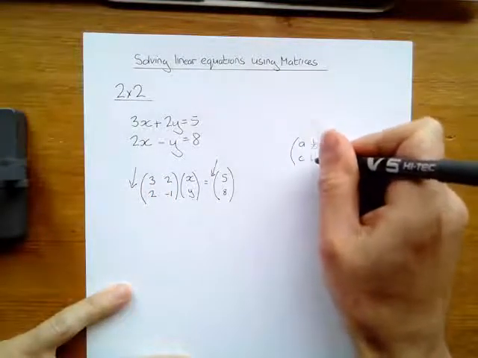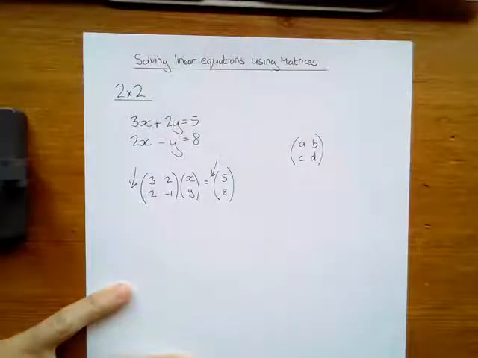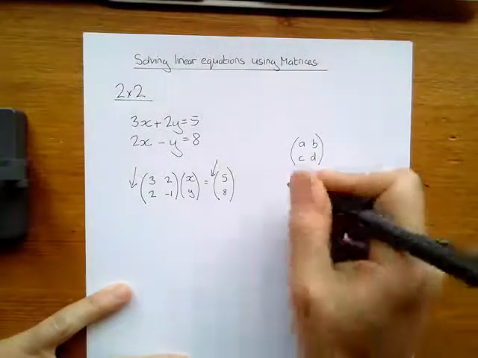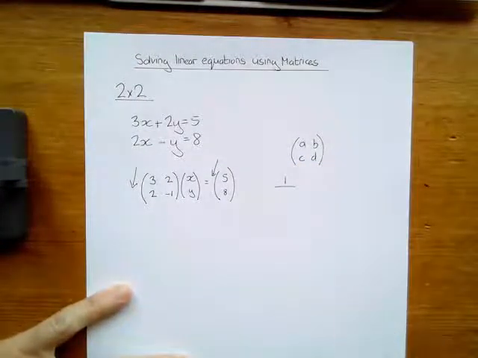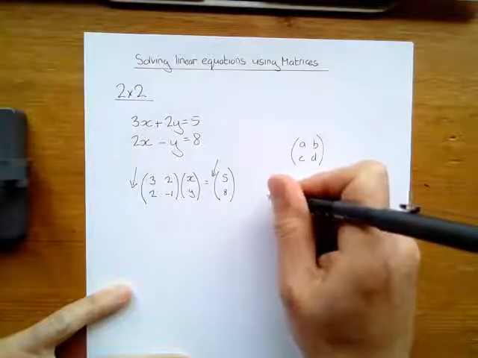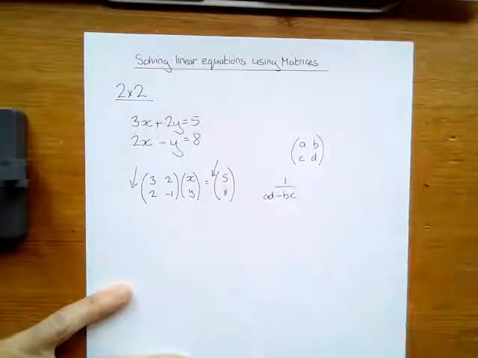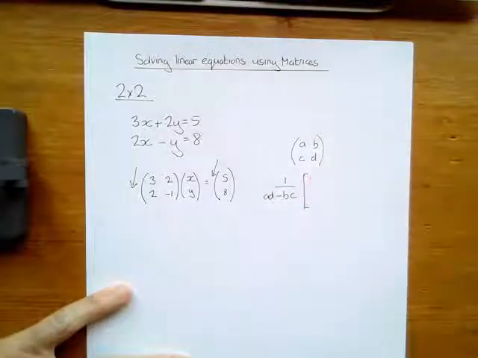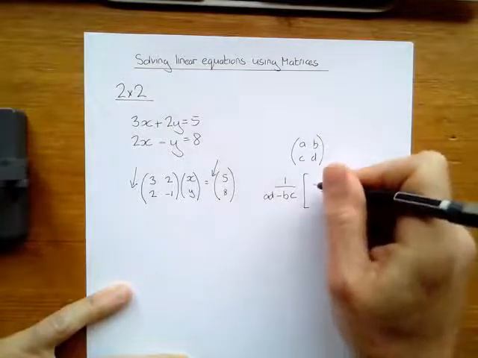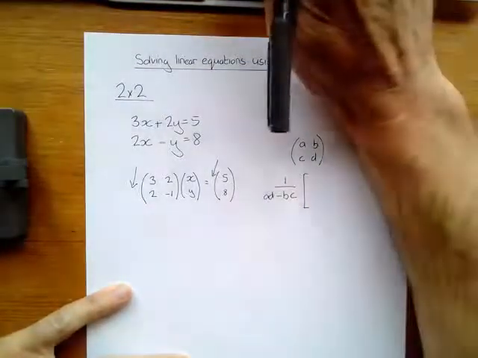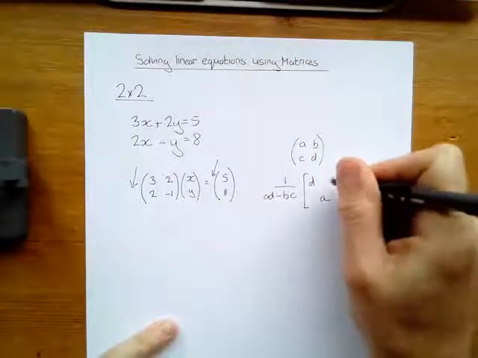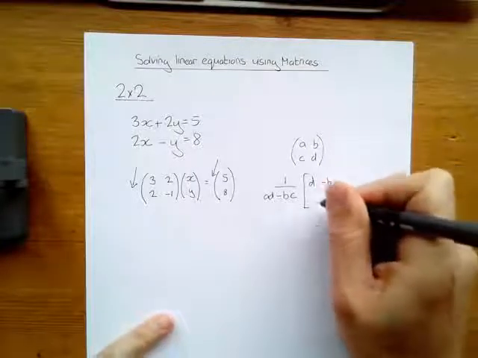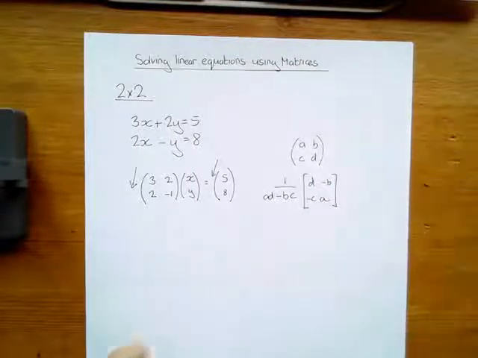If you've got a matrix A, B, C, D, then the inverse matrix is just the reciprocal of the determinant, which in this case would be 1 over AD minus BC, which we did last year as a determinant, and that would be multiplied by this matrix here, which would be D, A on the leading diagonal, and then minus B, minus C, like so.